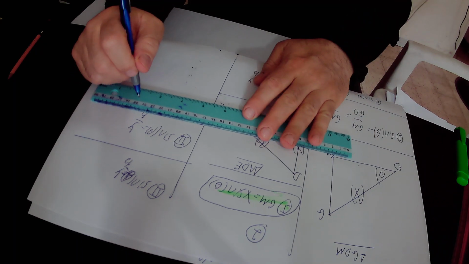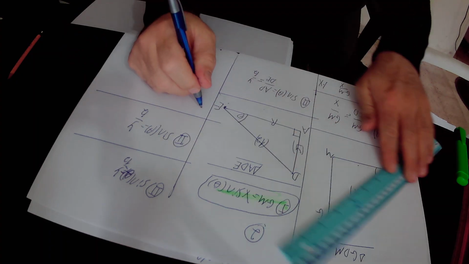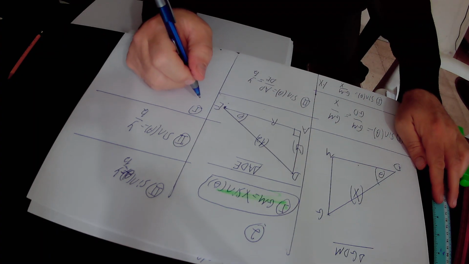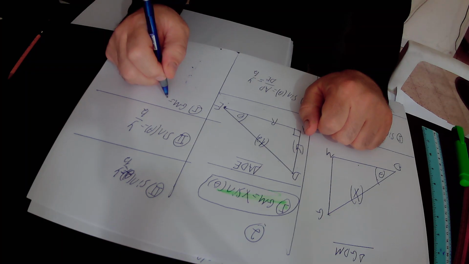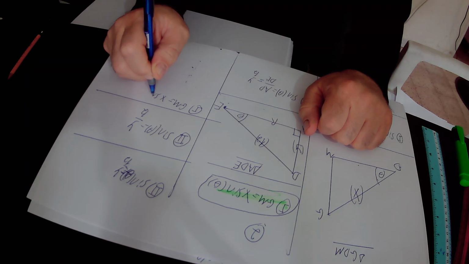This is according to equation 2, while according to equation 1, we have already found out that GM equals x times sine theta.